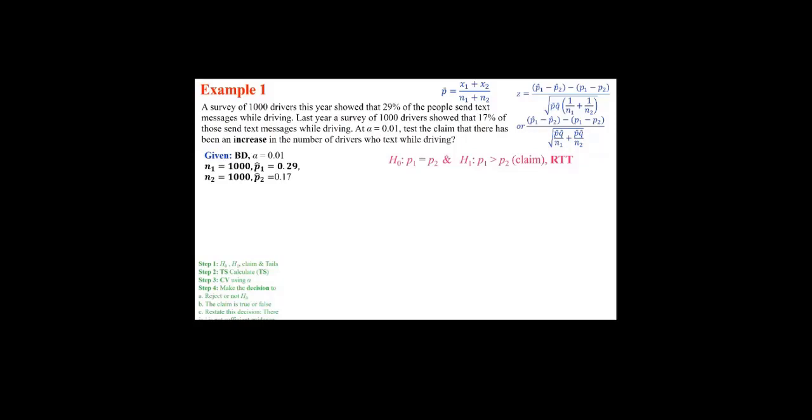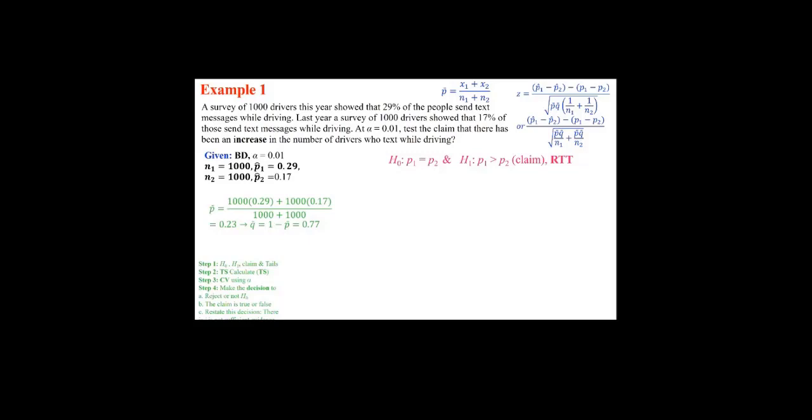As you look at the formula, we need to come up with P bar: x sub 1 plus x sub 2 divided by n sub 1 plus n sub 2. As you can see, x sub 1 and x sub 2 are not given, so you simply multiply by P hat. In this case, 1,000 times 0.29 and 1,000 times 0.17, and you divide by the sum. This is how you calculate it if x is missing.